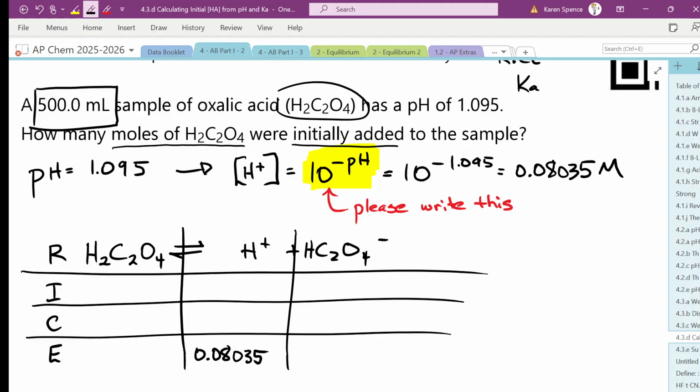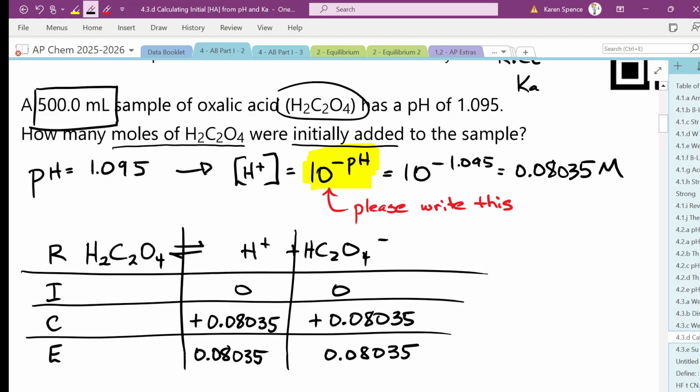So the concentration of H, yes, because this went up by 0.08035 and it started at 0, because the right-hand side always starts at 0. And the HC2O4 minus ion concentration should be the same. You may think, wow, why is she keeping so many digits? Well, I actually have more than that in my calculator. I have 0.080352612, and I just haven't pressed clear.